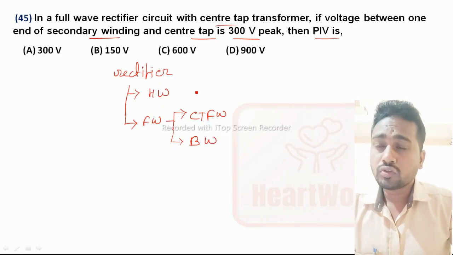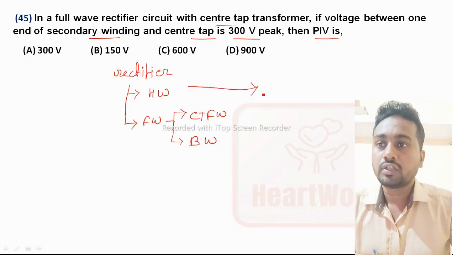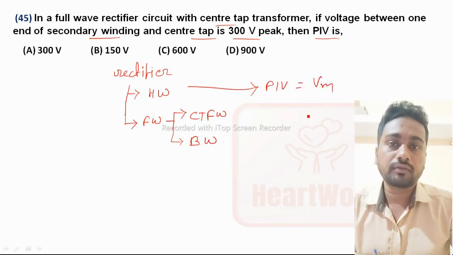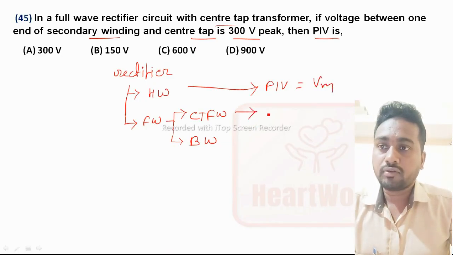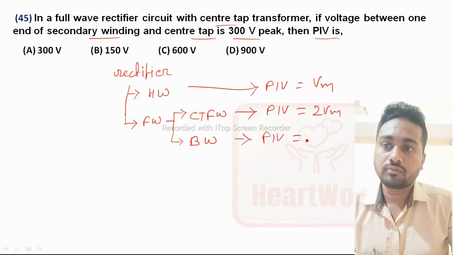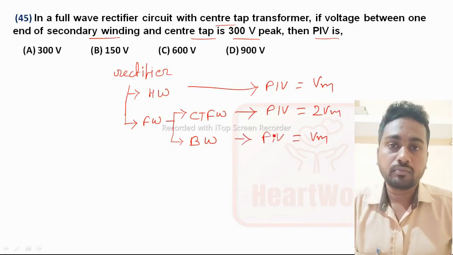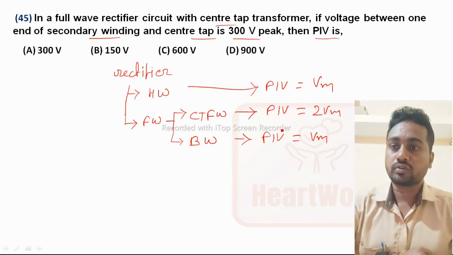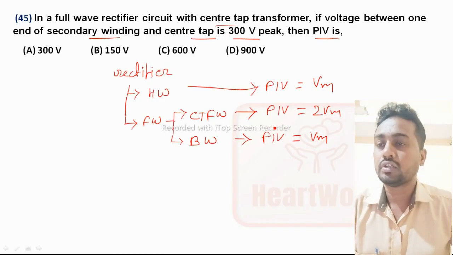PIV, peak inverse voltage, for half wave rectifier is VM, where VM means maximum voltage. For center tap full wave rectifier, PIV is 2 VM, and for bridge rectifier it is VM. You have to remember the PIV for all types of rectifier, because any question can come, so note down all these things.